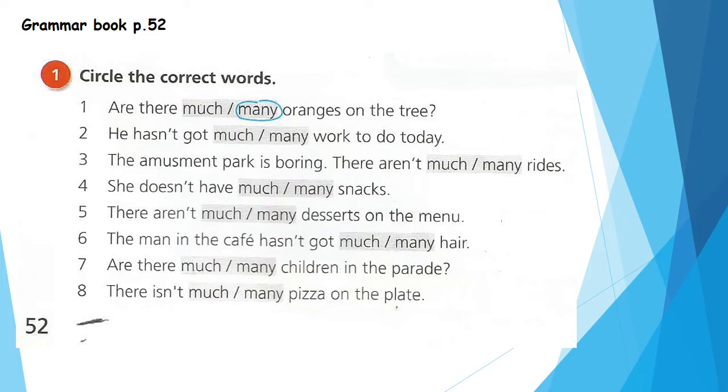Super, much. Number 3, the amusement park is boring. There aren't much or many rides. Okay, rides is a plural countable noun, so we will choose super, many. Number 4, she doesn't have much or many snacks, so it is a countable plural noun, so yes, the answer will be many.